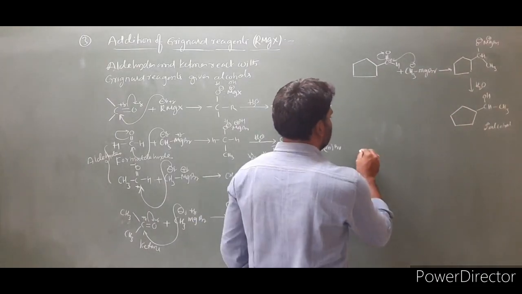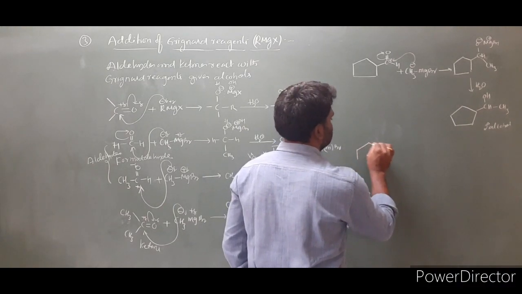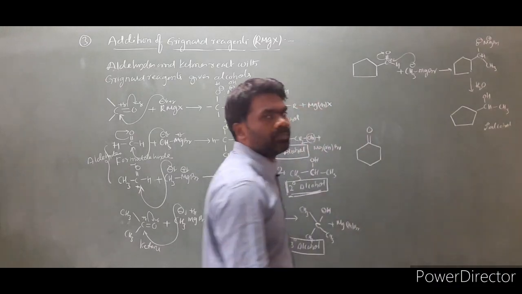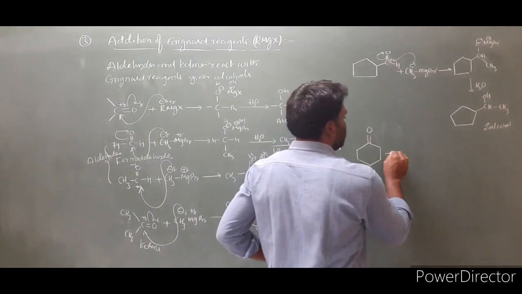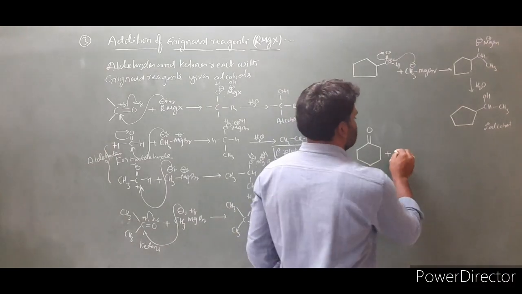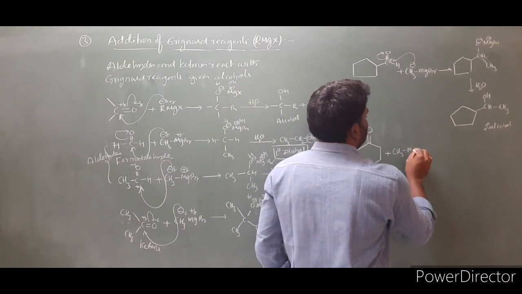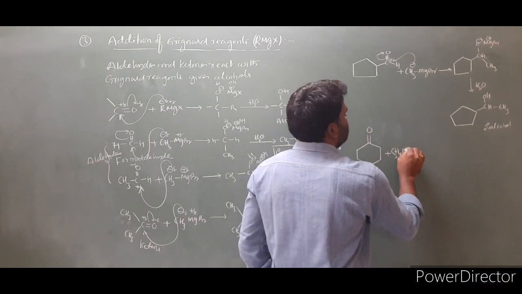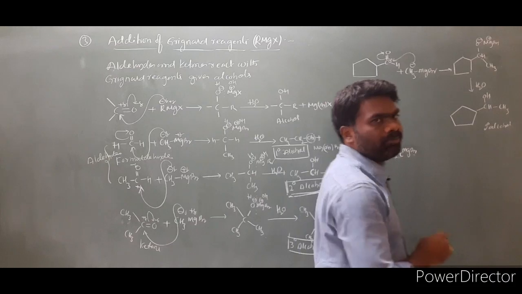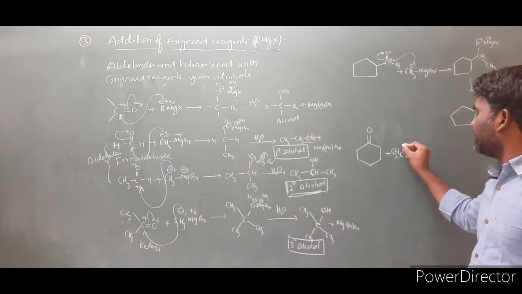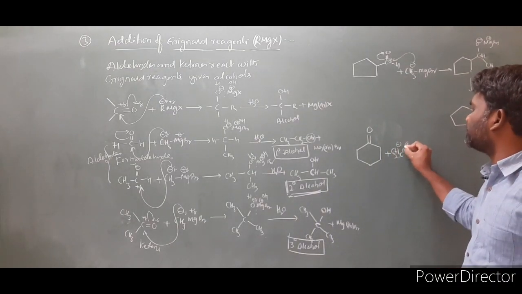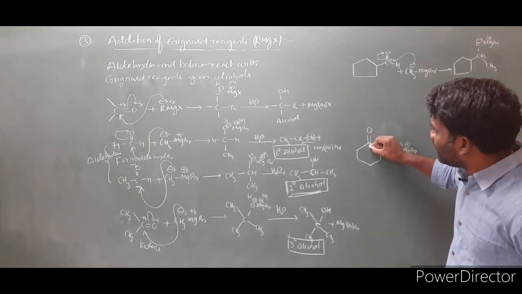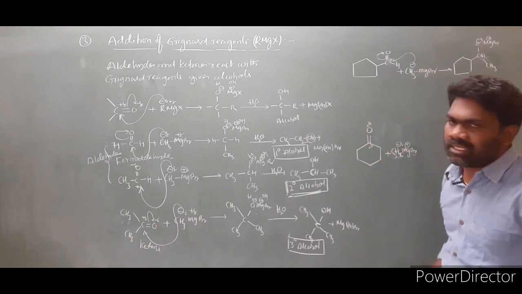I am taking one more reaction for the ketone. This one, double bond O, is a ketone. This one I am treating with RMgX. Instead of taking CH3, I am taking C2H5MgBr. This is the reaction I took. In this case, this is the negative charge, this is the positive charge. Look at this cyclic compound. This is the carbon with partial positive charge, this is oxygen with partial negative charge.